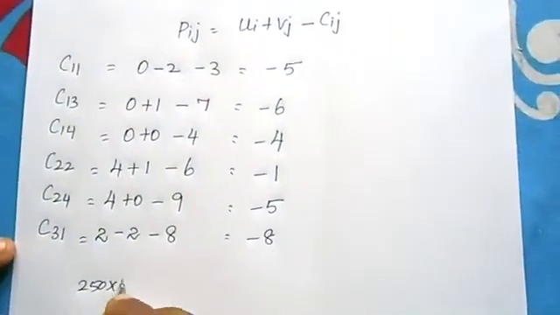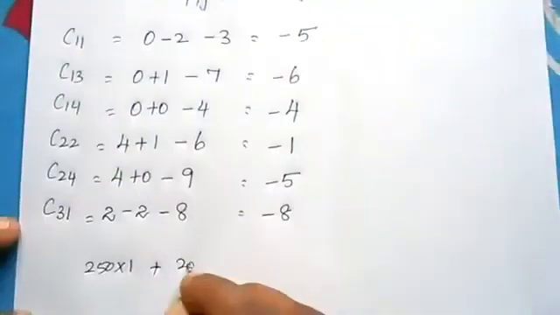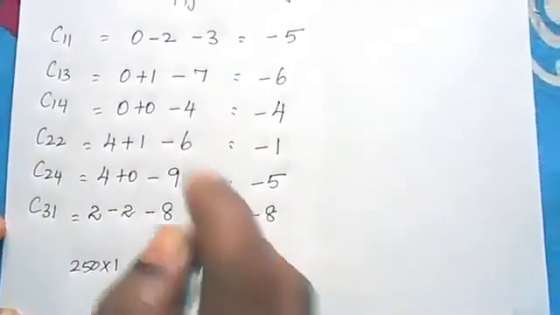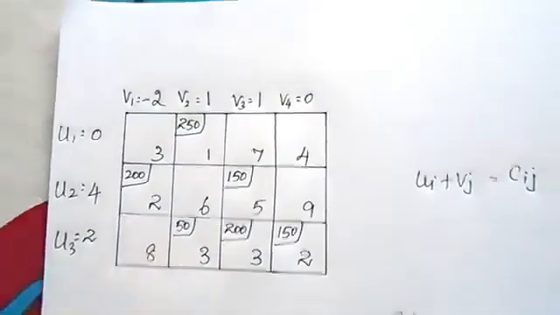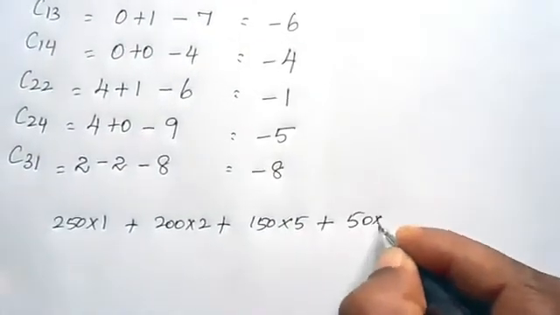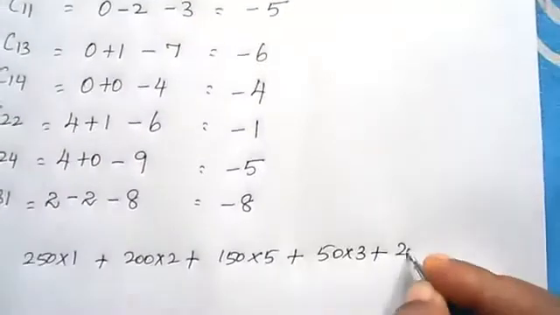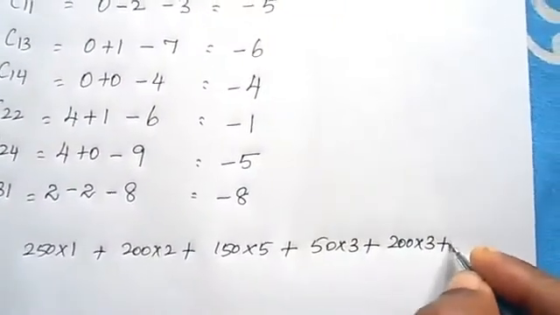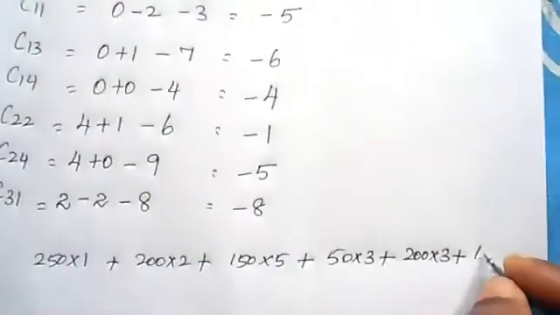Now find the total cost. 250 into 1 plus 200 into 2 plus 150 into 5 plus 50 into 3 plus 200 into 3 plus 150 into 2.